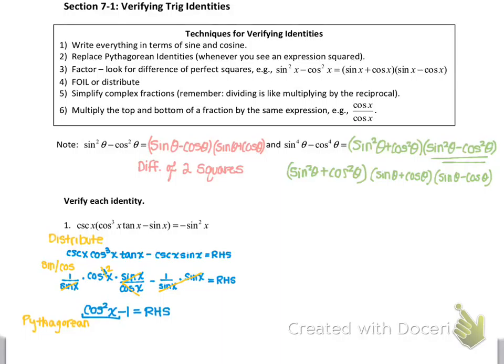It's really close, but we're just going to use cosine squared. So 1 minus sine squared of x, and then I'm just going to add in that minus 1. And then if you notice, 1 minus 1 goes away, it adds to give you 0. So we are left with negative sine squared x, which is equal to our right-hand side, and we can stop there.